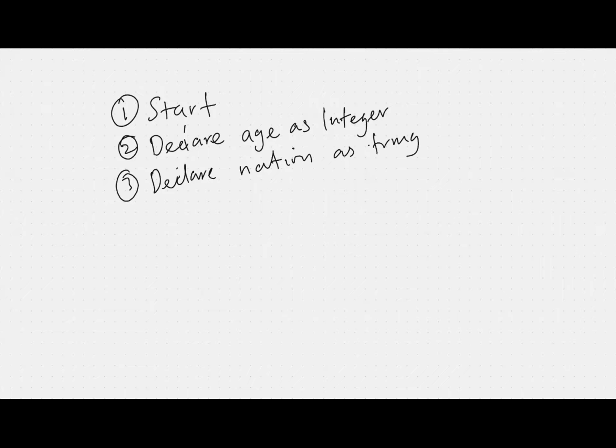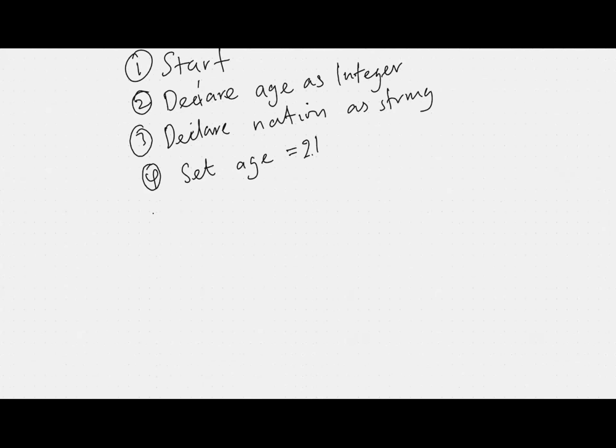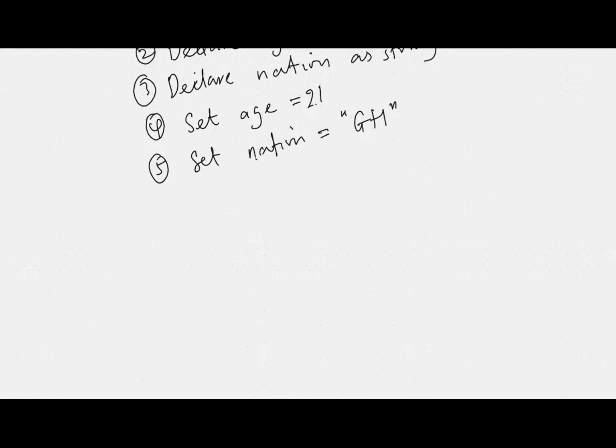So let's just set the variables. We set the age equal to, let's make it 21 for now. We can wipe it later on. Then number 5, let's set the nation equal to GH. So next, number 6, we want to check if the person is eligible to vote by first checking their age.